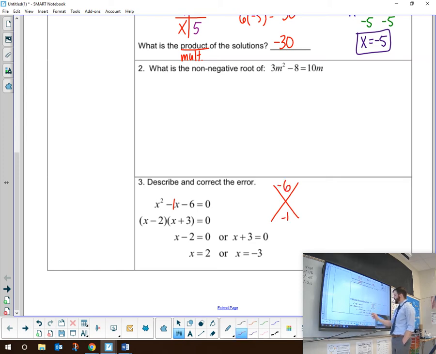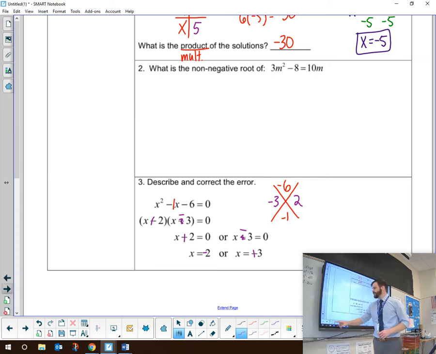It has to be instead a negative 3 and a positive 2 to add up to that negative 1. So this should be a positive, and this should be a negative. So we should have x equals negative 2 and x equals positive 3. Just keep an eye on that, okay? Way to find the mistake on this one.